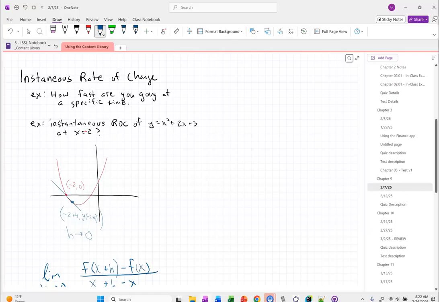So what's happening? I'm doing essentially what your car speedometer is doing. I'm going to keep getting that h closer and closer and closer until I can make it a good approximation of what that instantaneous velocity is going to be. Because the closer those points get together, the better the approximation of the actual instantaneous rate of change should be.